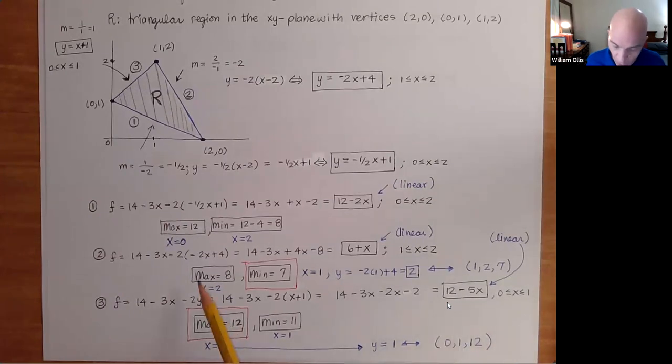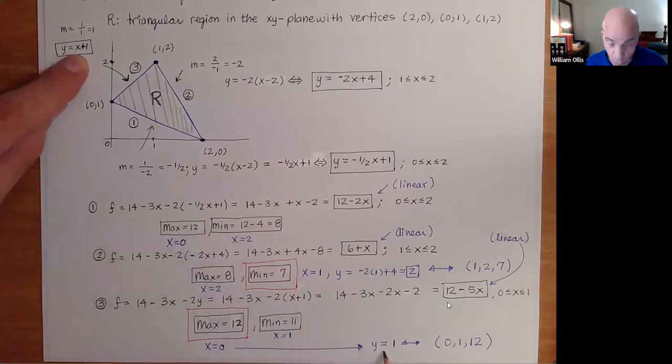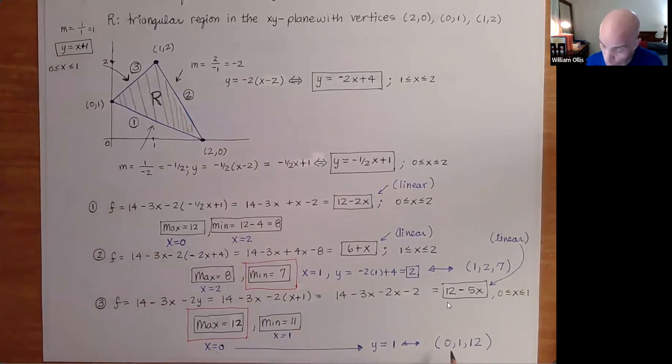Now, when you look at all of these numbers, the largest number is indeed 12, and the smallest number is 7. That's why they have red boxes around them. And now, of course, when x is 0, if we go right back up to here, we see y is equal to 1, and so we get the ordered triple 0, 1, 12.